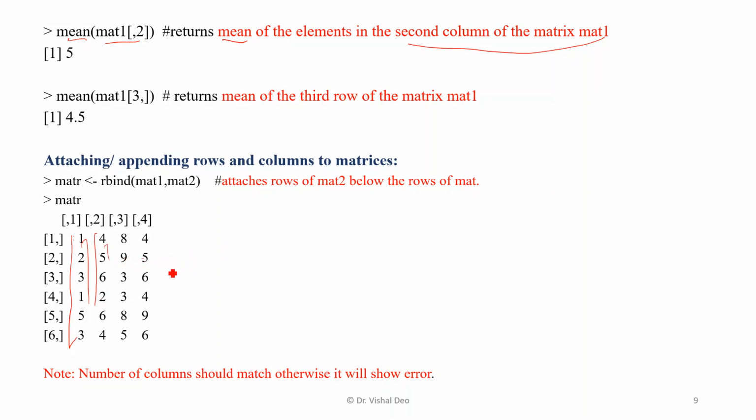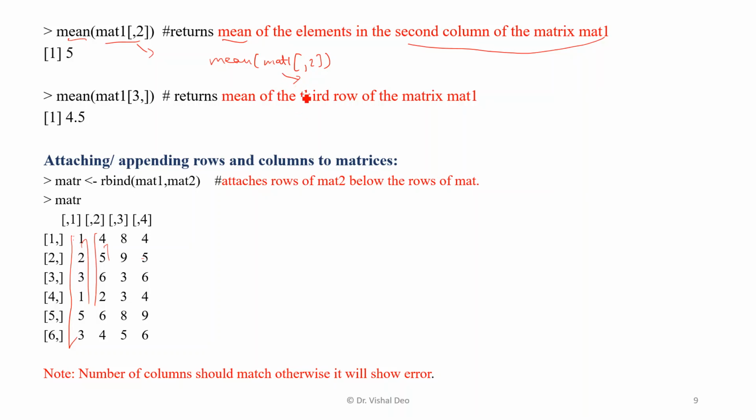So if you want to see the average marks in mathematics and the average marks in statistics separately, that means you have to calculate the mean for each column separately. In that case, this is what you can use. We apply the function mean, and inside we are using indexing, mat1 with all rows and the second column, which will give us the mean of the second column of matrix 1.